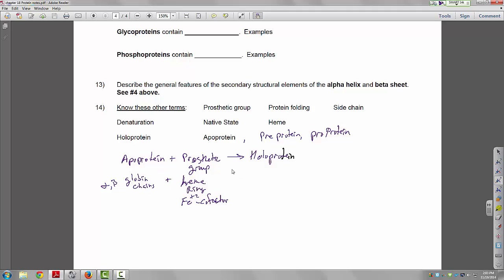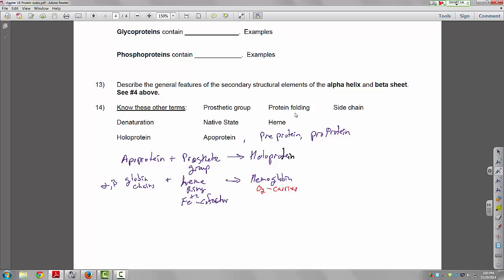Then we get the holoprotein, we get the hemoglobin, which is an oxygen carrier, right? It carries oxygen from the lungs to the peripheral tissue. All right, so I think these are holoprotein, apoprotein, prosthetic group.